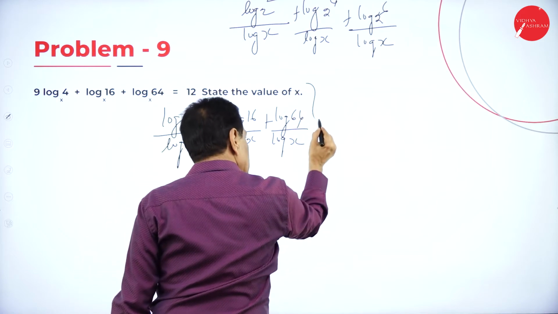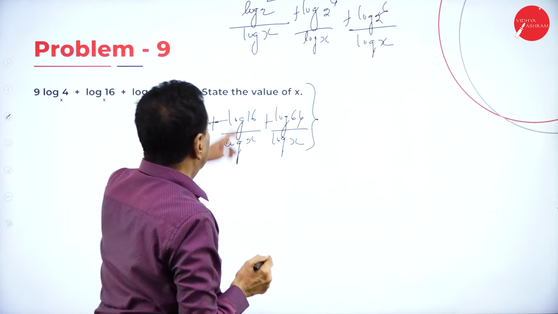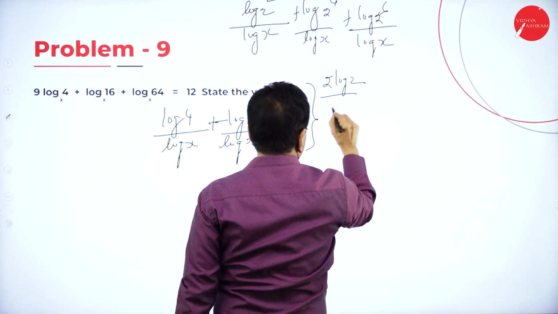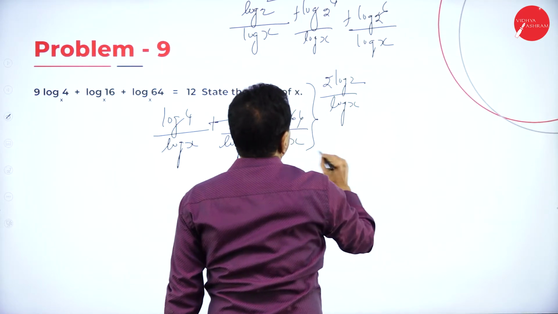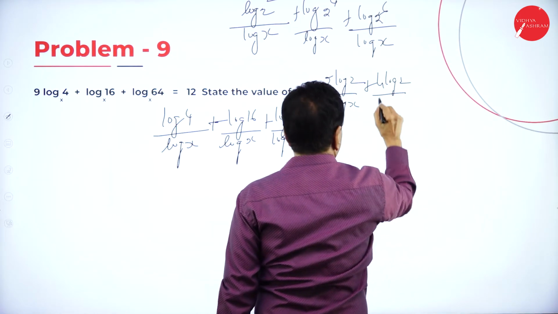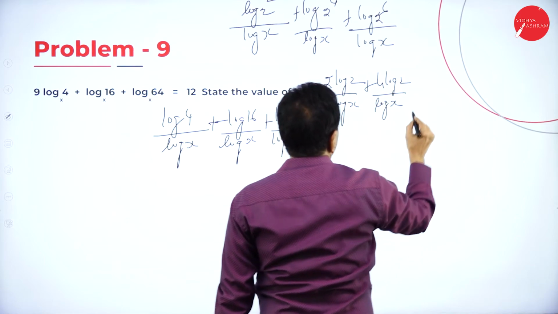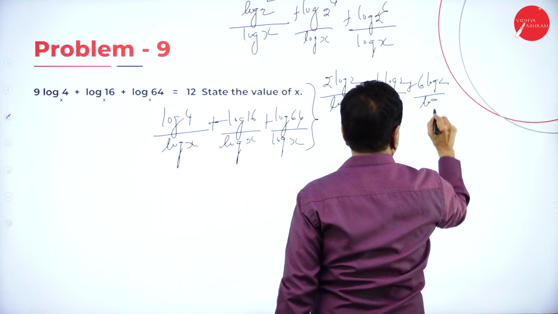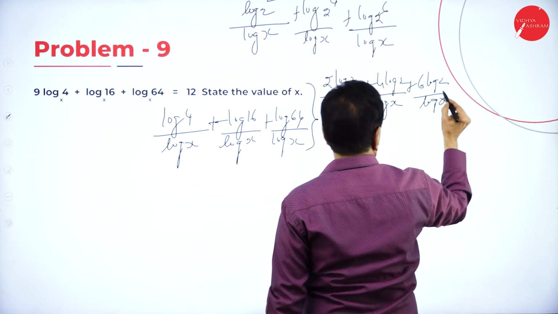Then this can be written as 2 log 2 divided by log x plus 4 log 2 divided by log x plus 6 log 2 divided by log x is equal to 12.